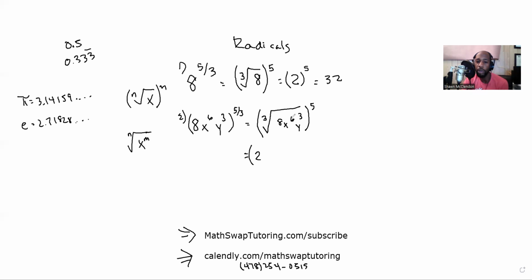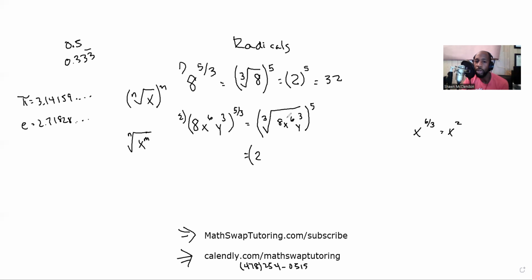The cube root of x to the 6th is, and keep in mind, you can look at this a couple of different ways. When you have this x to the 6th right here, cube root, that's just like x to the 6/3, which would be 6 divided by 3, x squared.